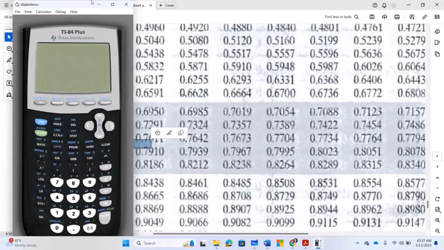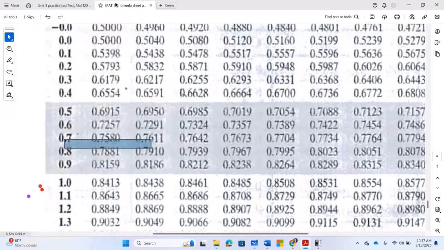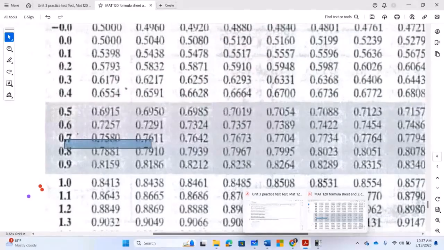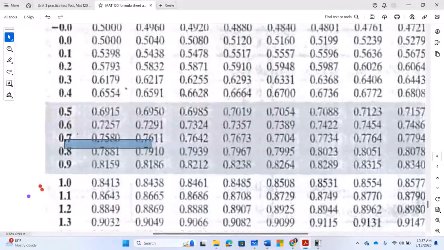All right. Maybe we have to read another one from the chart. Okay, let's read another one from the chart. Instead of using the calculator this time, we want to find the area to the left.